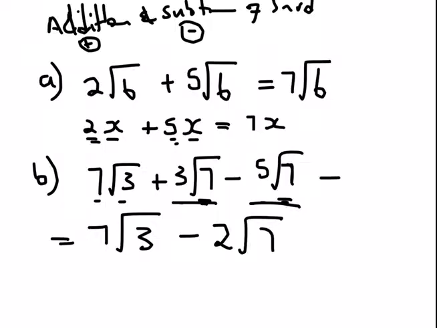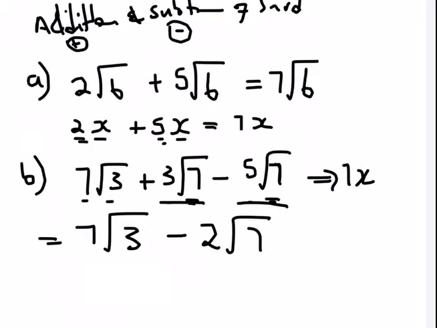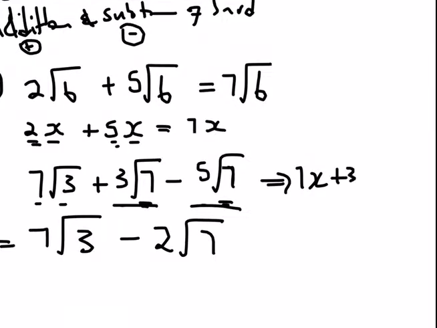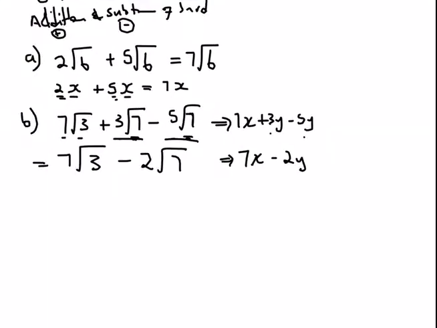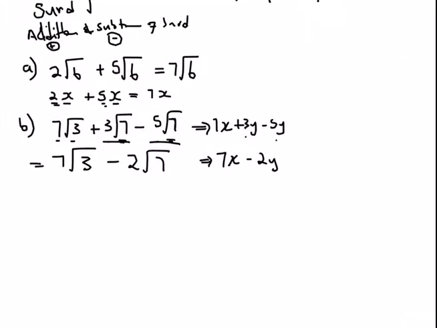So this is like you had 7x plus 3y minus 5y. That is why it ends up being just 7x, because you don't have another x, and the y terms will definitely be minus 2y. So just always interpret it that way. It is as easy as that. We did the additions and subtractions of the surds.